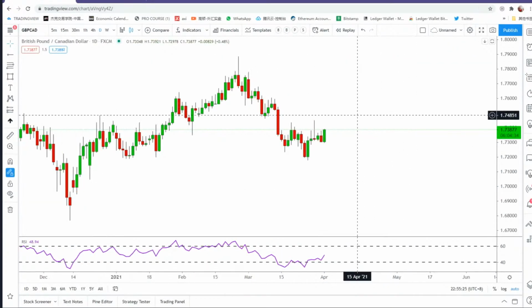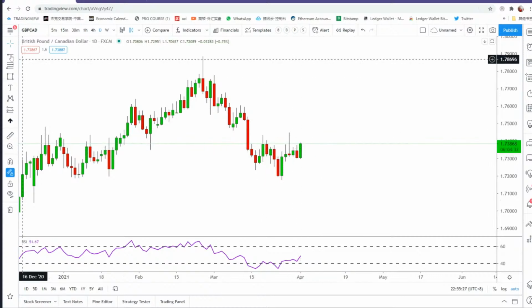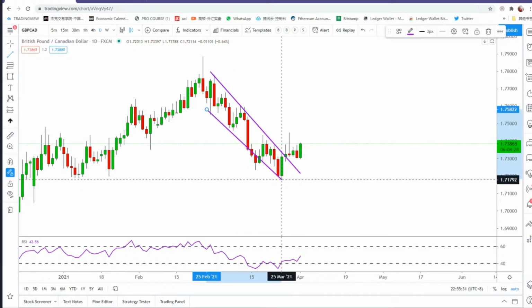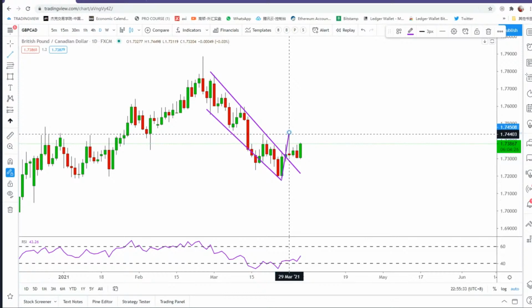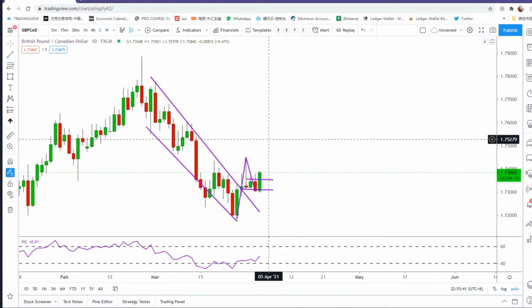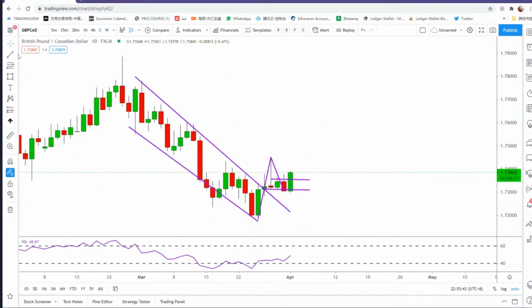So yeah, you can see sterling Canadian has been breaking its downtrend channel. And after 4 days of consolidation, today's candle breaks yesterday's high.